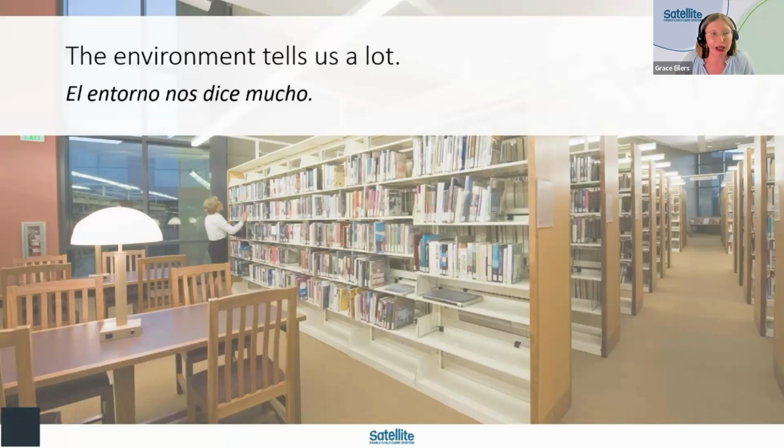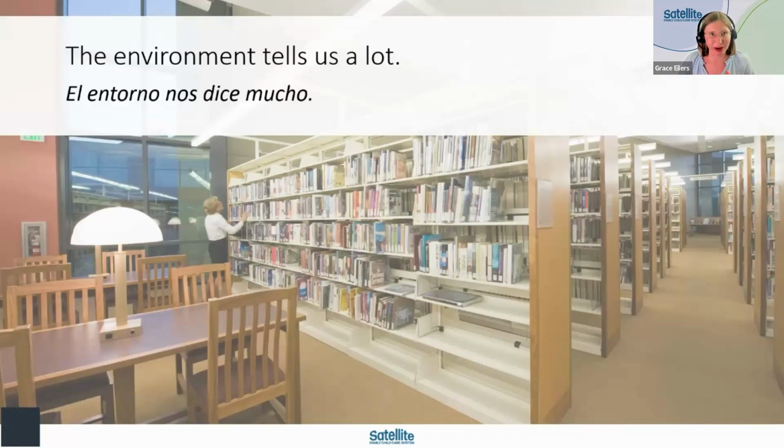Now thinking more about the intuitive messages that I receive from this environment when I look at this image here, I see the table and chairs next to the bookshelf, which may tell me that I can use this space to take out the books and then browse them. There are definitely visuals throughout the environment, even in this library, that give me more context clues into how to behave and use the space.